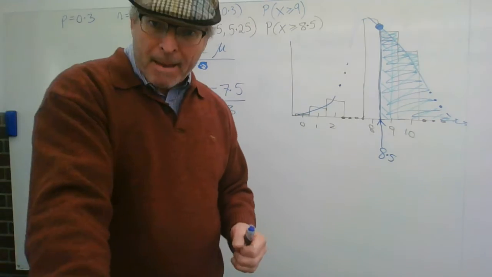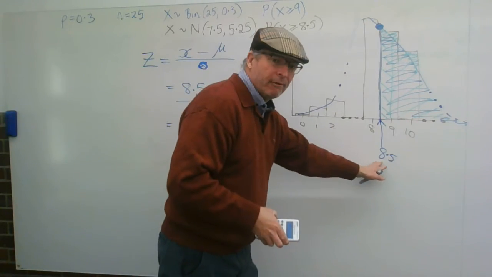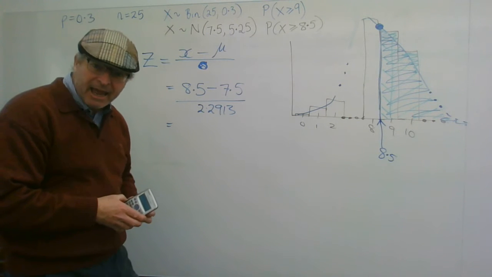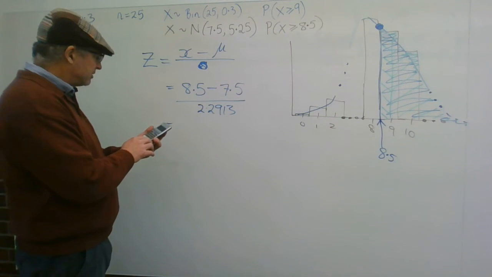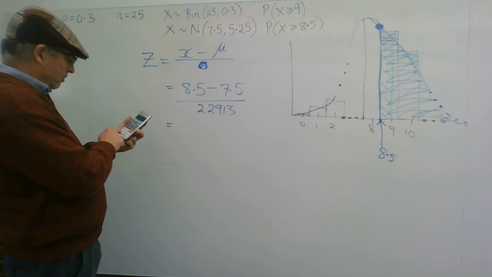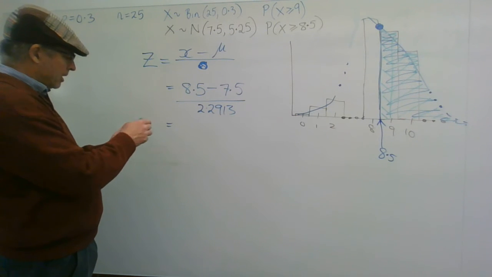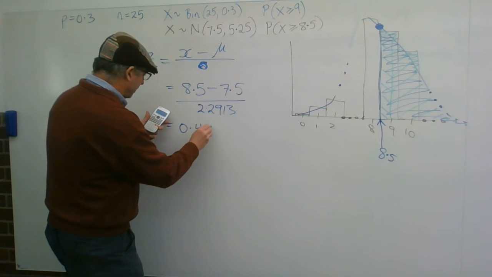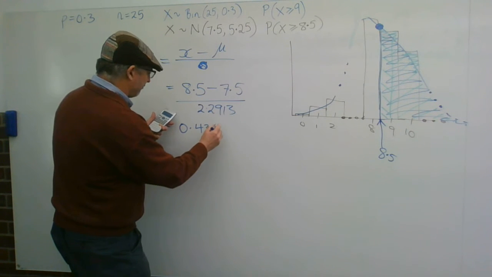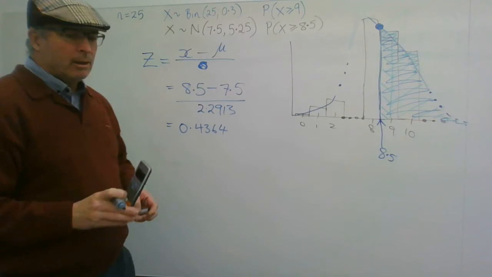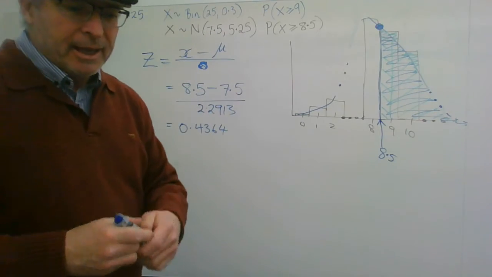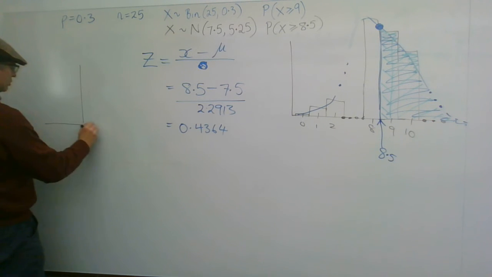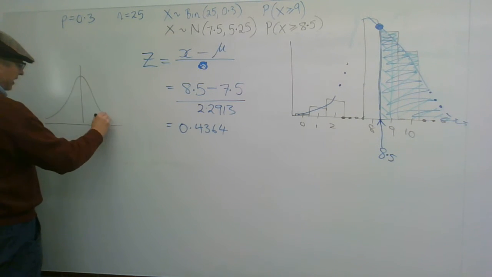So if I map 8.5 back to what its value would be on the standard normal distribution, its value would be 0.4364. What we're saying is we've now mapped back to our standard normal distribution, which looks something like this.